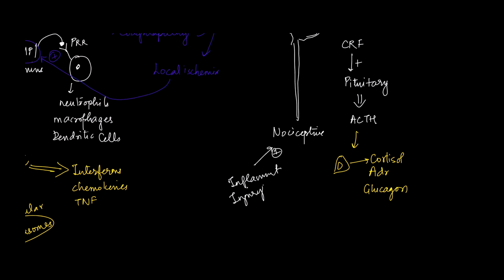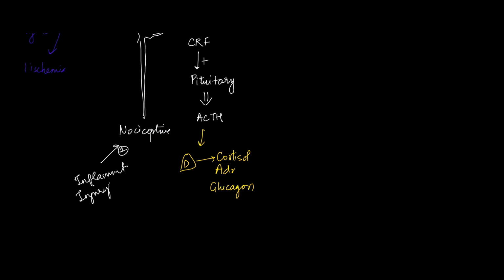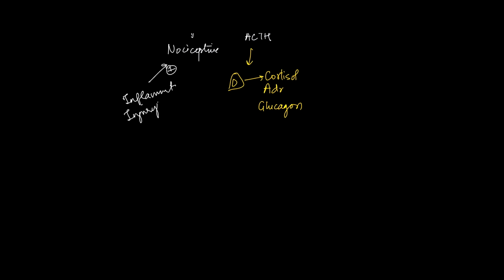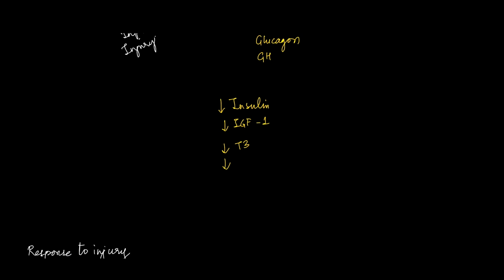These are the counter regulatory hormones. Along with this, there is also an increase in the level of growth hormone, whereas hormones which reduce during the acute phase of injury would be insulin, IGF-1, insulin growth factor 1. There is a reduction in the thyroid hormones, particularly T3, and there's a reduction in testosterone.